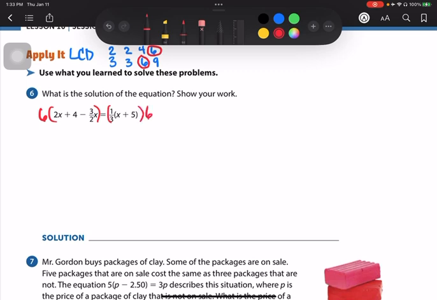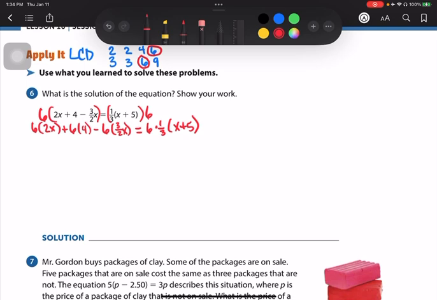All right? So that gives me 6 times 2x plus 6 times 4 minus 6 times 3 halves x equals 6 times 1/3 times the quantity x plus 5.